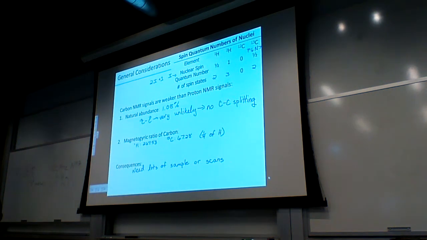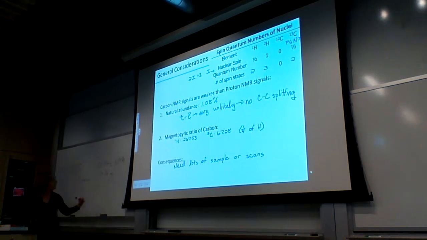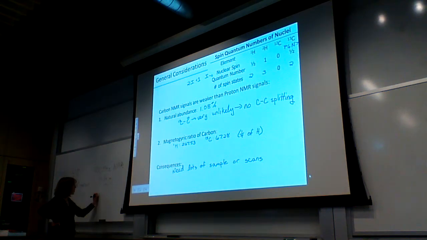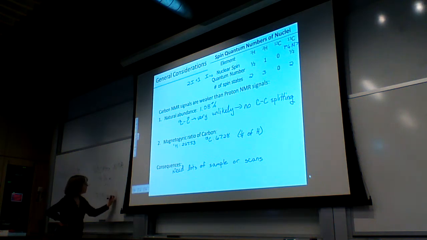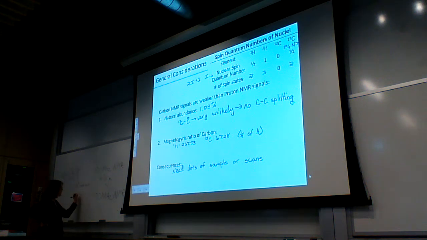Our carbon is actually going to be 1/4 of that. And so when we use carbon-13 NMR on our instrument, we're actually using 100 megahertz for the radio frequency that we're using on the sample.